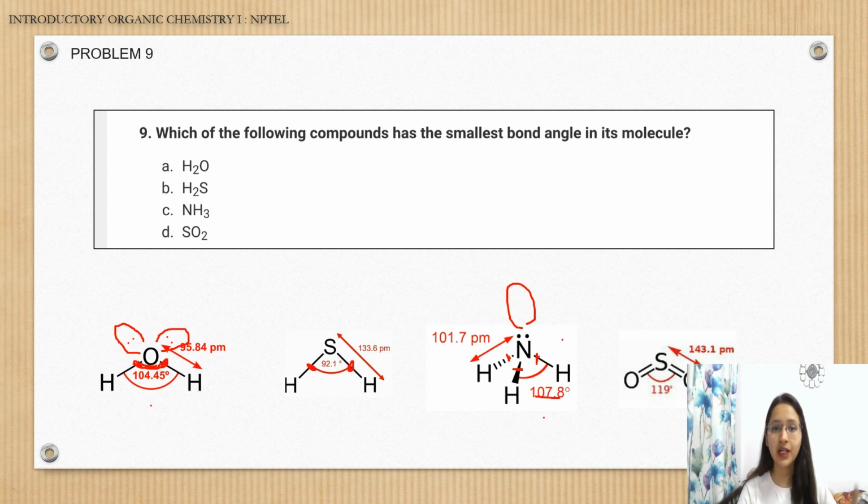but then also it is having a smaller bond angle than ammonia. See, what is happening here is because you have two lone pairs of electrons in the case of oxygen, but in the case of nitrogen there is only one lone pair of electrons present.